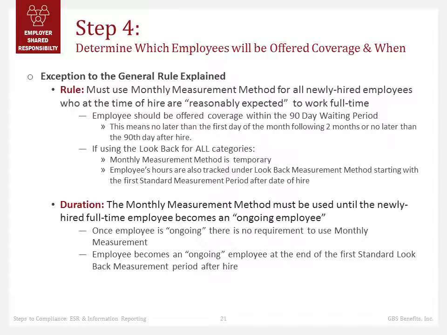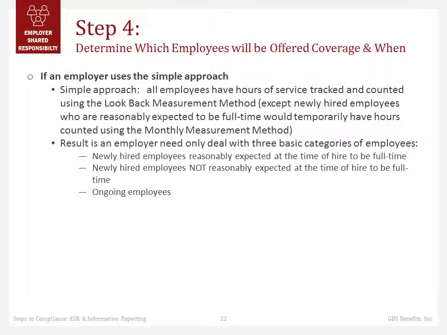Okay, so if an employer uses the simple approach, meaning the simple approach is that all employees have hours of service tracked and counted using the look-back measurement method, and of course, except for those newly hired employees who are reasonably expected to be full-time because they have to go temporarily into the monthly measurement method.